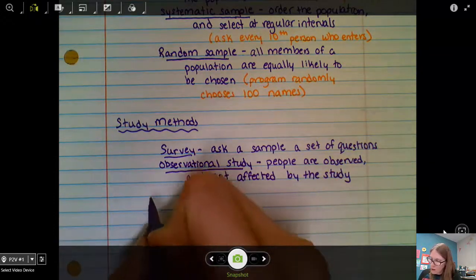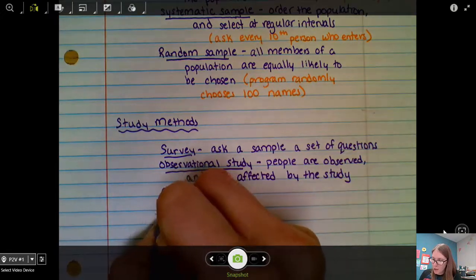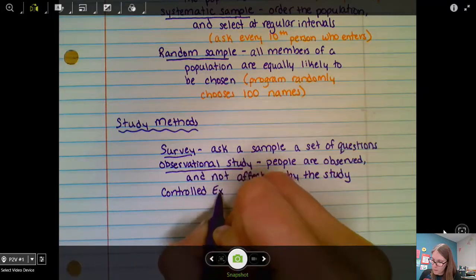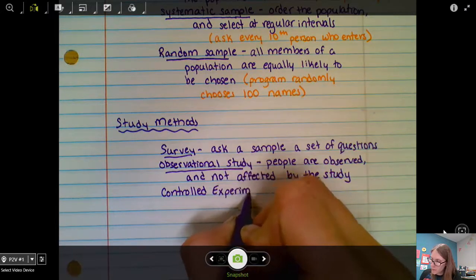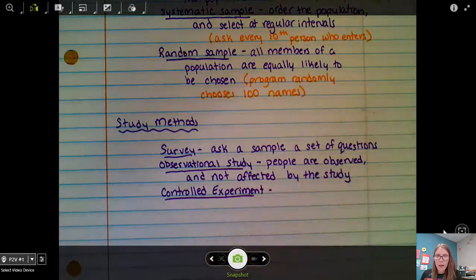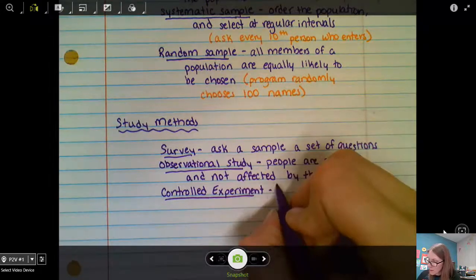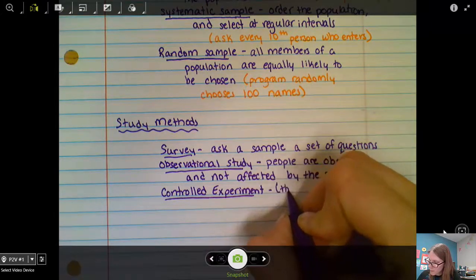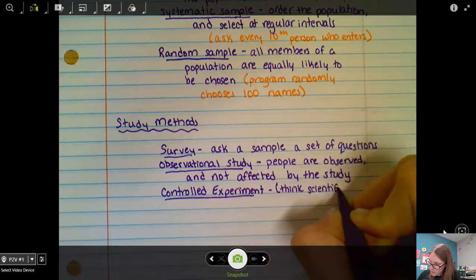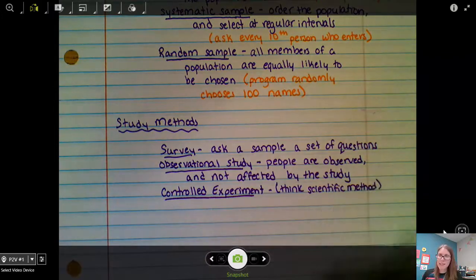And then I can also get information by using a controlled experiment. With a controlled experiment, think about the scientific method from all of your science classes.